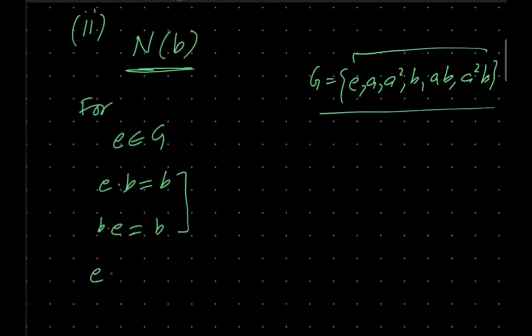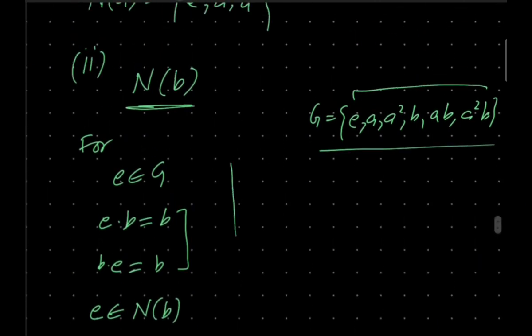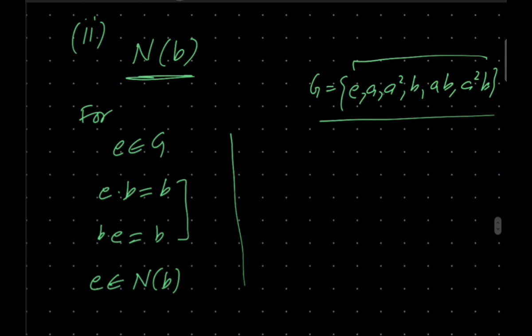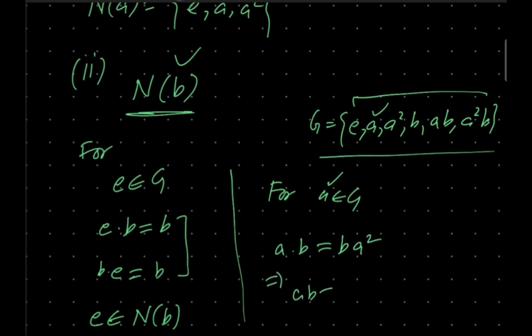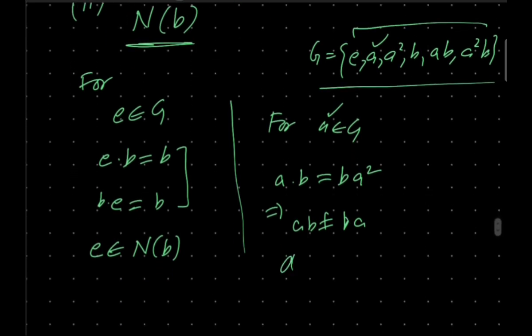So therefore, E belongs to the normalizer of B. Now check for A belongs to G. We will check whether this A commutes with B or not. You know, A times B is equal to B times A square. Therefore, A times B is not equal to B times A. So A does not belong to the normalizer.